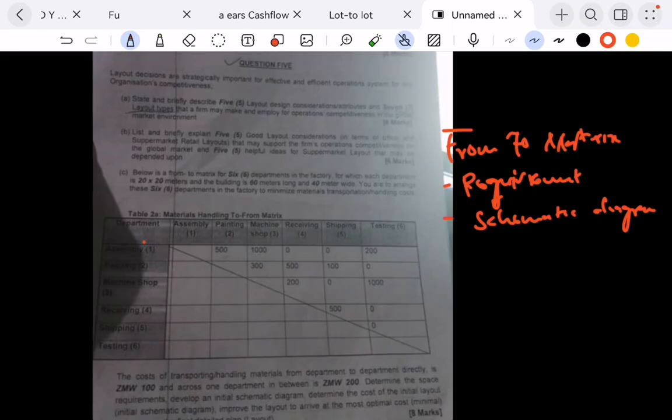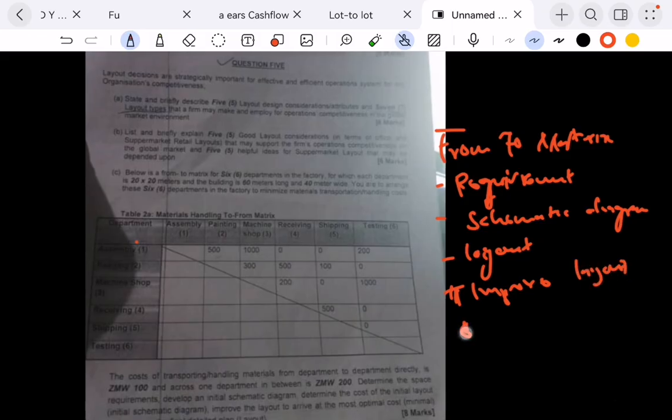Then we need to determine the cost of the layout, and see how best we can improve the layout itself. Then the last aspect, we need to prepare the detailed plan. I'll show us how we calculate this same question.